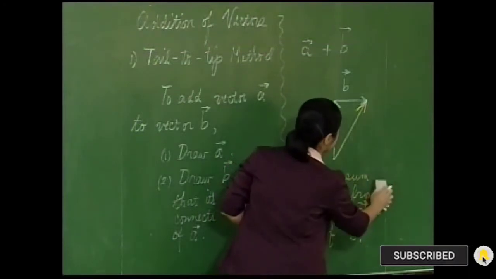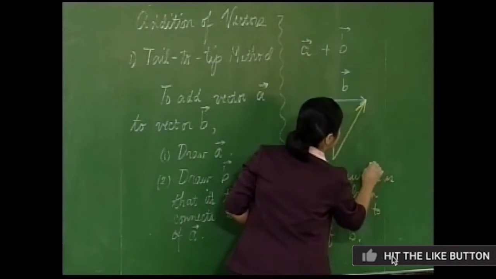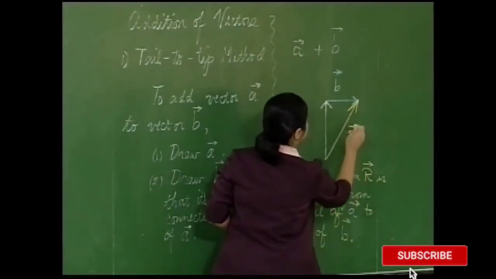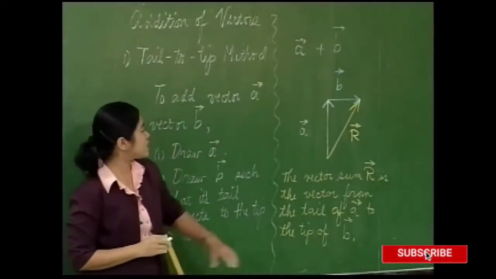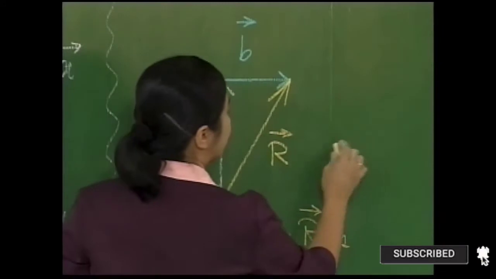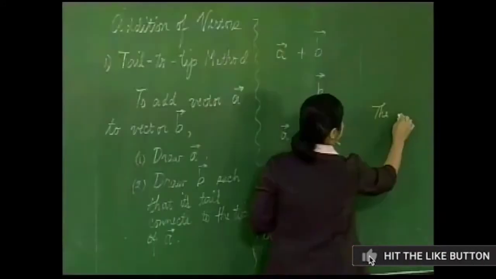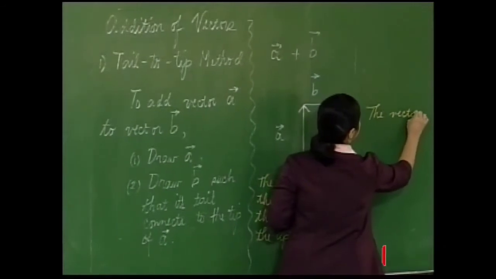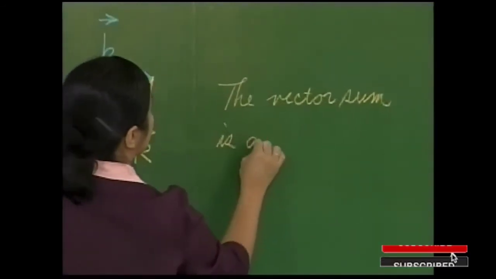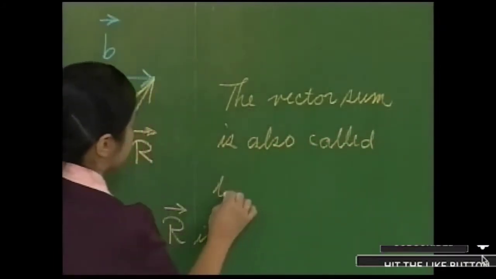and I will call my vector sum R with the arrowhead. I use the symbol R because the vector sum is also called the resultant vector.